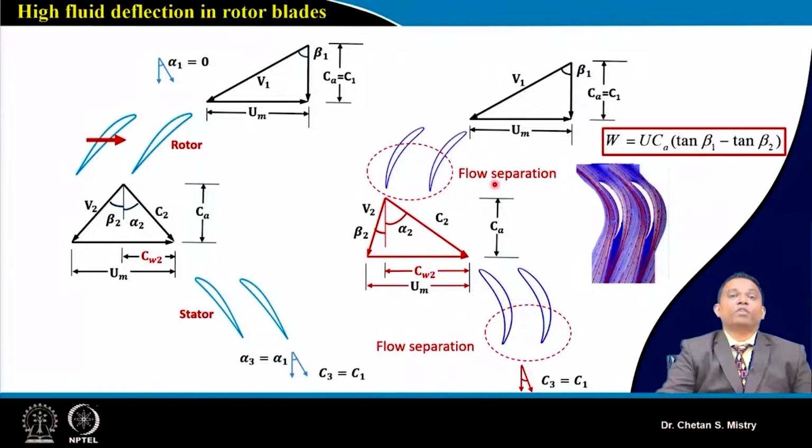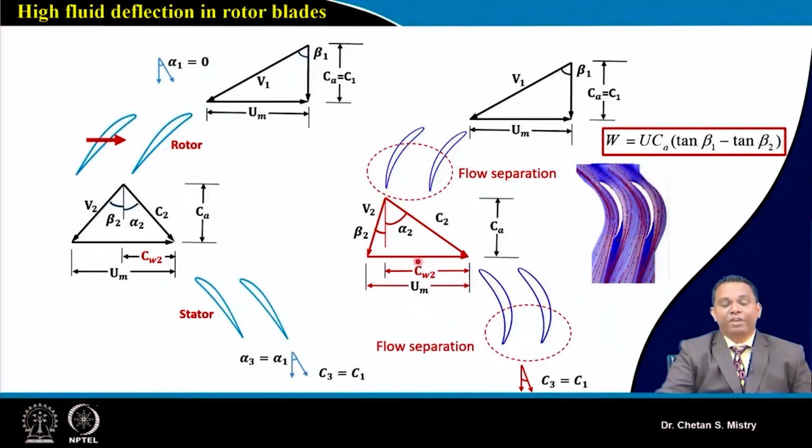Be careful here: for the rotor, we have rotational speed that helps us do the diffusion, while here this is a stationary action. So it may be that my flow will be at higher absolute velocity with higher kinetic energy, and you need to diffuse that efficiently. In order to do such diffusion, we are looking for a highly twisted blade, or highly cambered blade. So here this stator also will have higher camber.